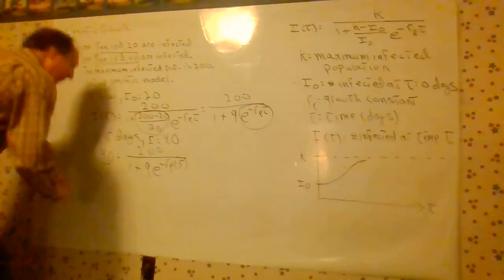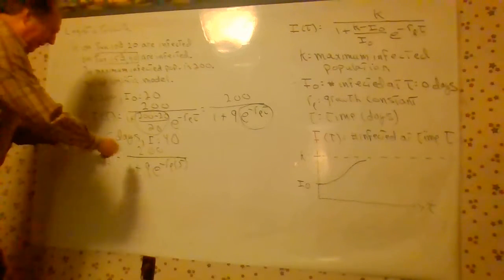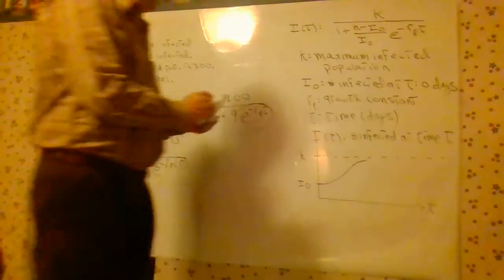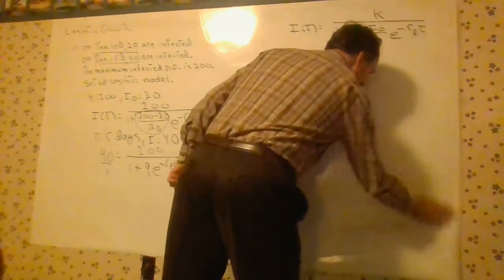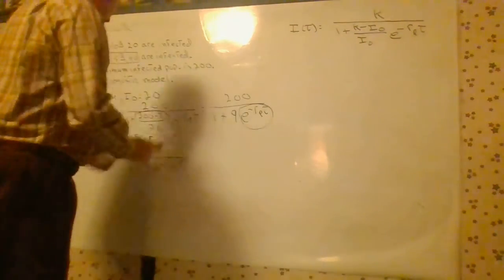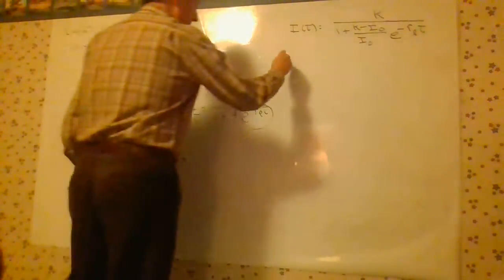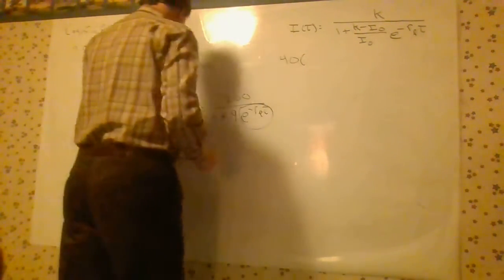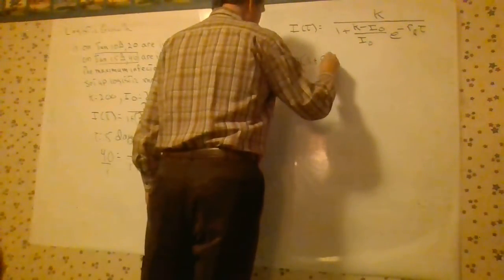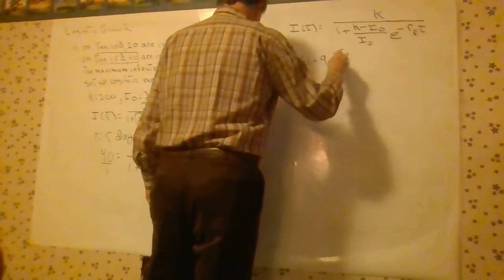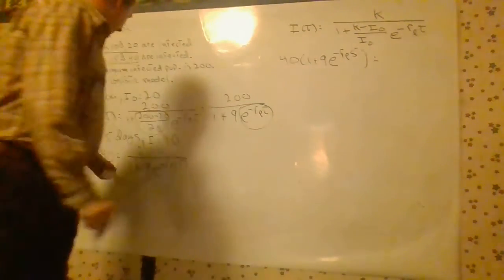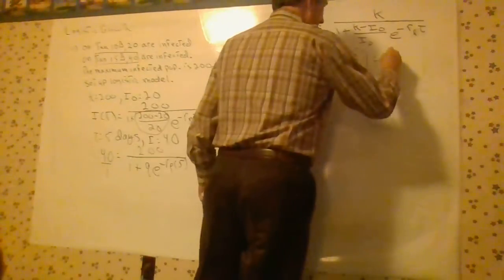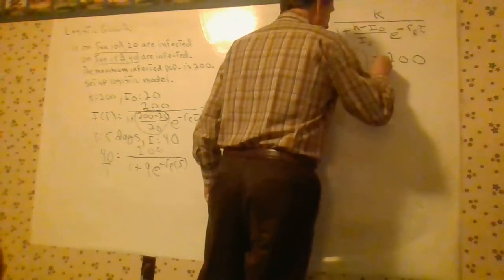You can write this over 1, and then we're going to cross multiply, get rid of the fractions. If you cross multiply, we can keep this 40 actually before we multiply. 40 times (1 plus 9 e to the minus R_L times 5) is equal to 1 times 200, which is 200.